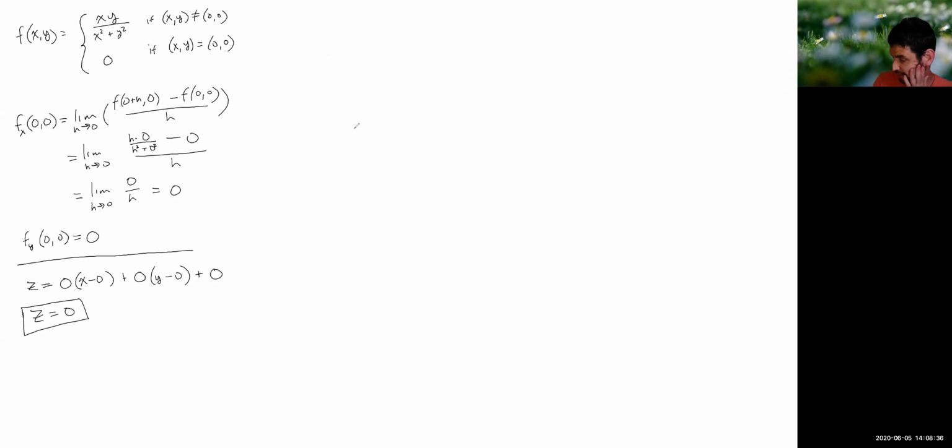So for instance, let me try to draw this in a way that will be helpful, I hope. Here's the xy plane. Now, my surface, whatever it looks like, here's just some surface floating over the xy plane.